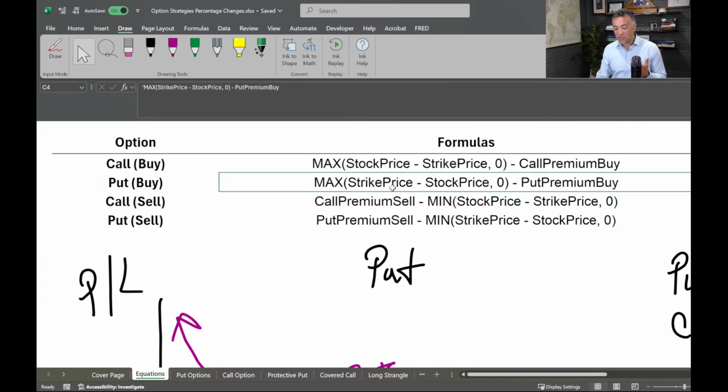Now, if the strike price is less than the stock price, which means the stock price is at 200, strike price is at 90, I don't want to exercise it, so I want whatever is greater. 0 or a negative number, I'm going to let it expire, and I want the 0. If this is a positive amount, that's why I want the max function, so you have a good idea. There you go.